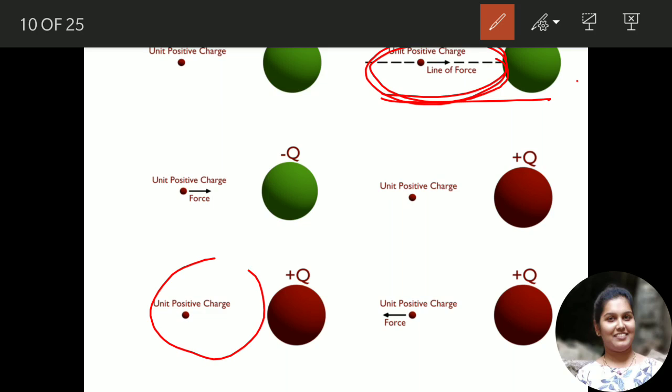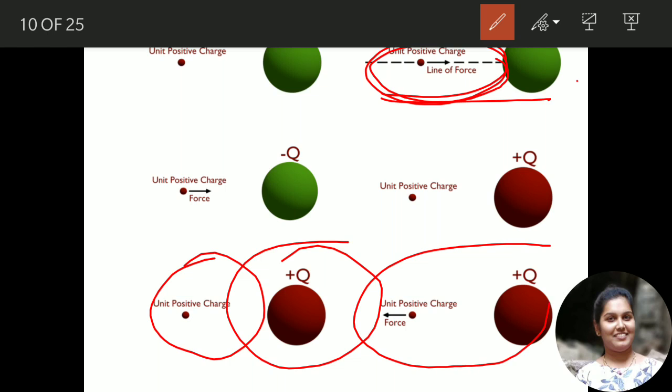Now we take the unit positive charge as it is, but the charge we initially took as minus q, we now take as plus q. Let's see what happens. According to Coulomb's law, this unit positive charge will experience a repulsive force. So in this diagram we can see that this unit positive charge will be repelled by this positive q.